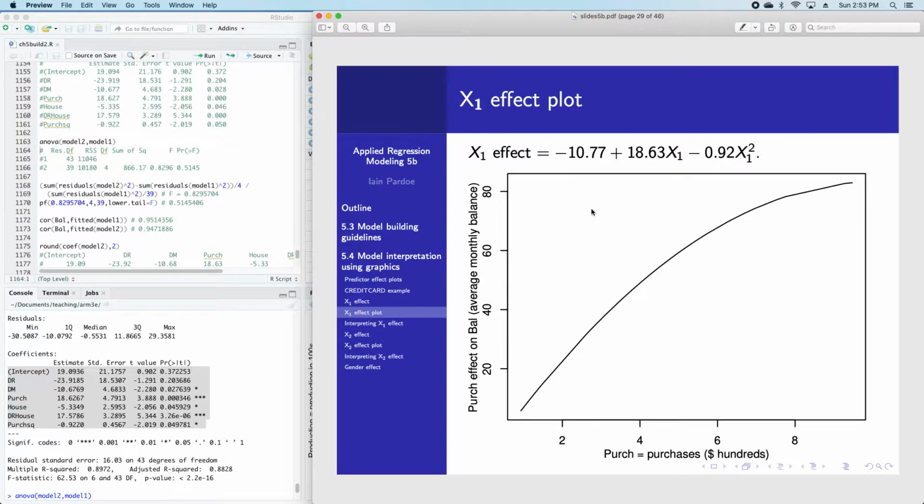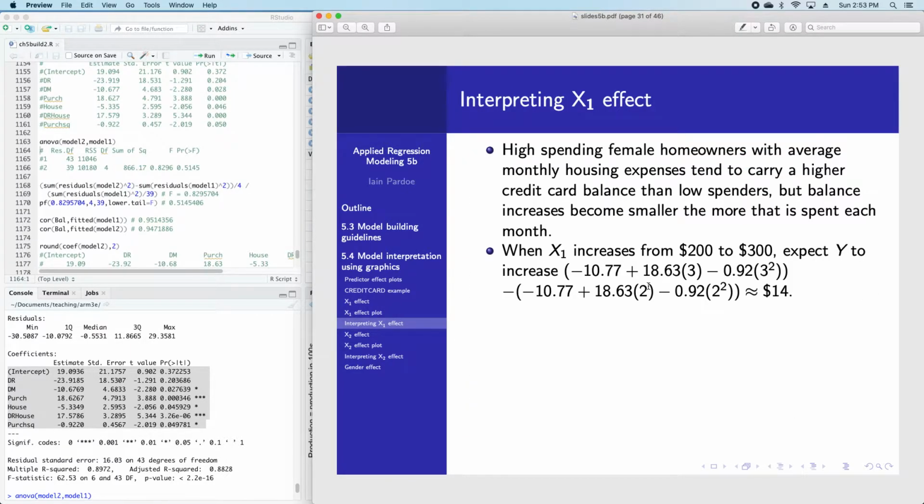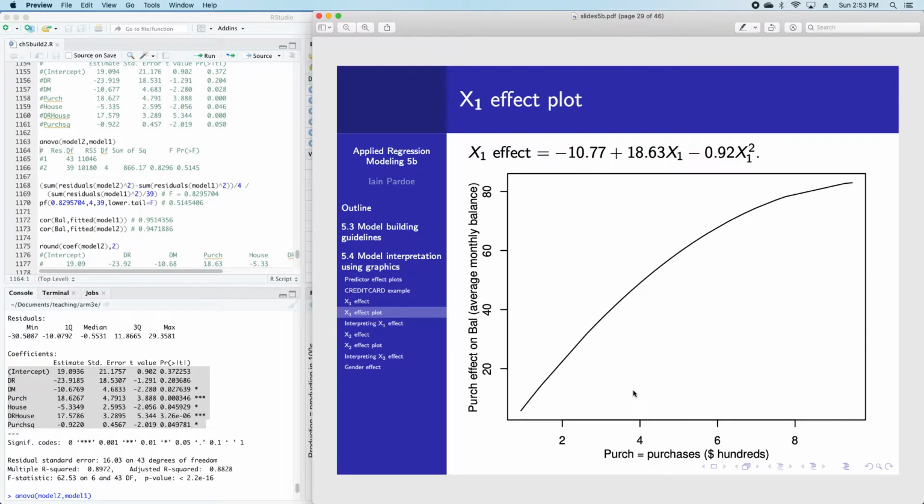I can calculate that by plugging 2 and 3 into this formula and taking the difference. What it amounts to is about $14. So on this graph, the vertical distance between here and here is about $14.